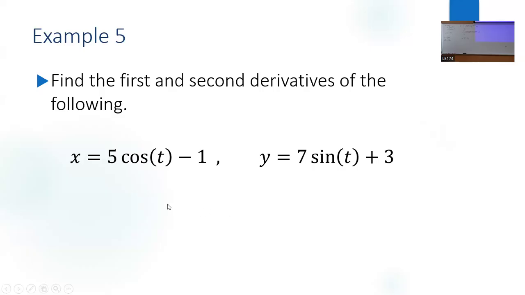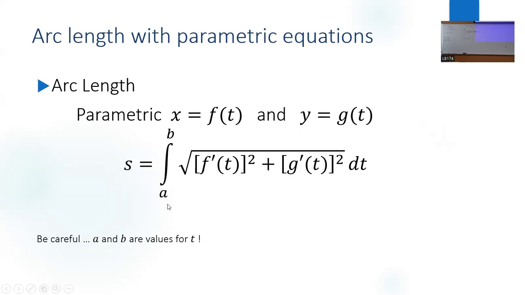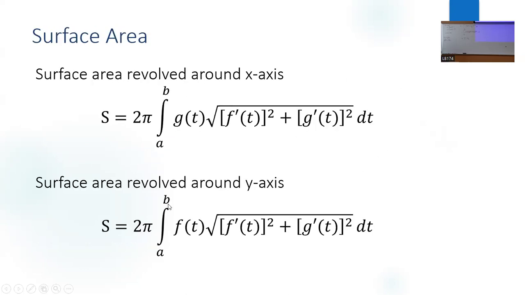One other concept that parametric is really good to deal with is the surface area. Now, if you remember back to our earlier chapters, when we dealt with surface area, we rotated some piece of a curve around a vertical or a horizontal line.